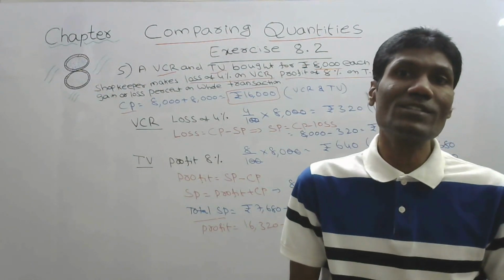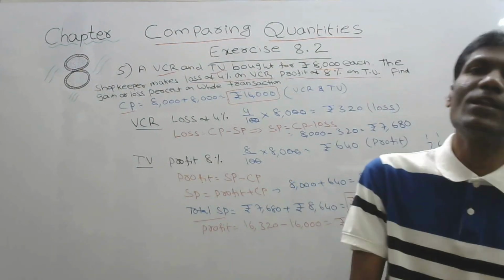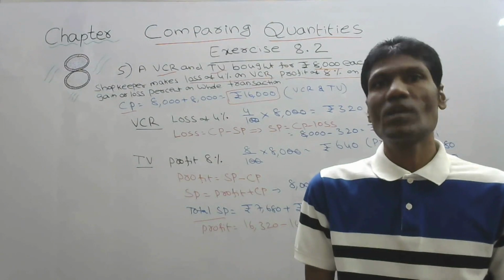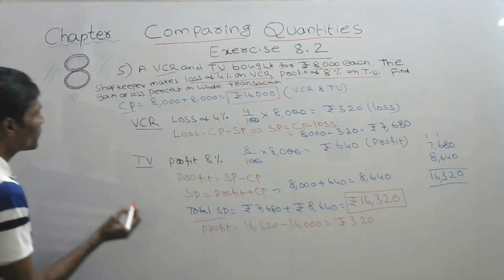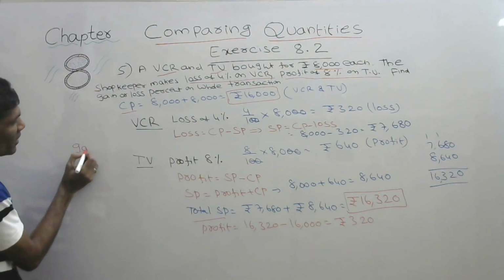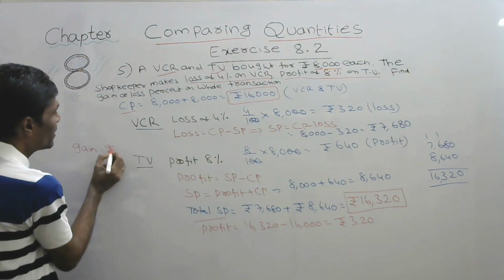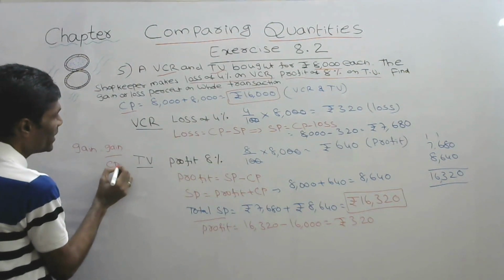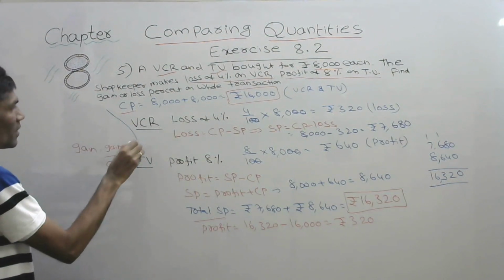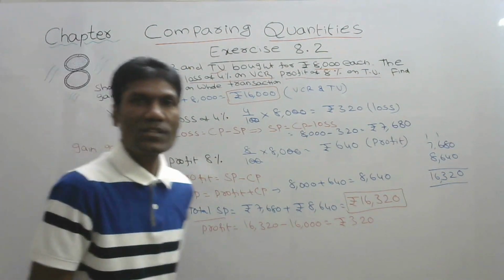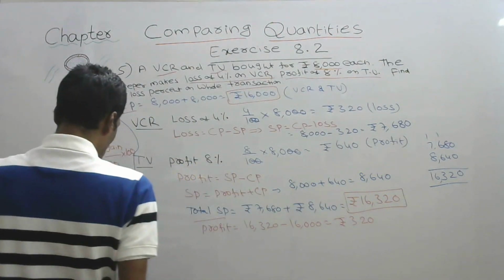But in the question he is asking for the gain percentage. So let us calculate the gain percent. What is the formula for gain percent? We know gain or loss percentage equals gain by CP into 100. So what is the gain we got? 320 rupees.